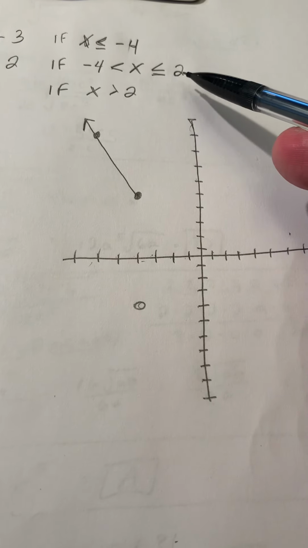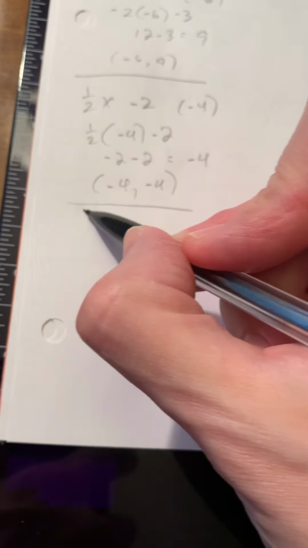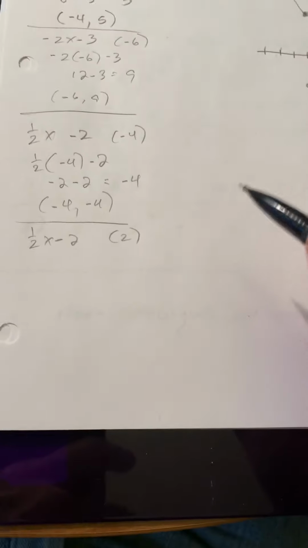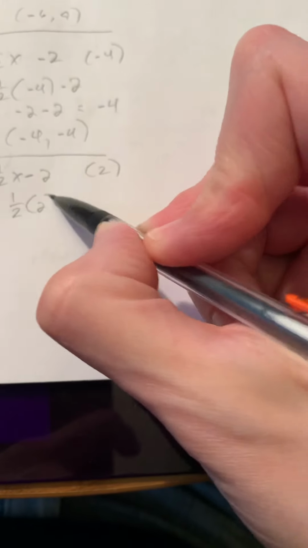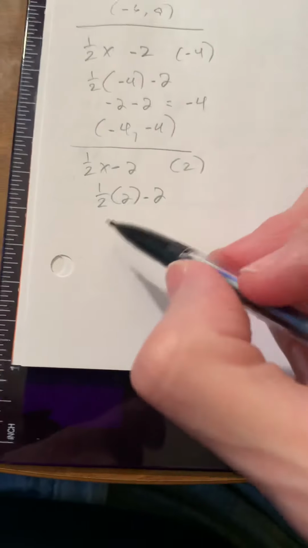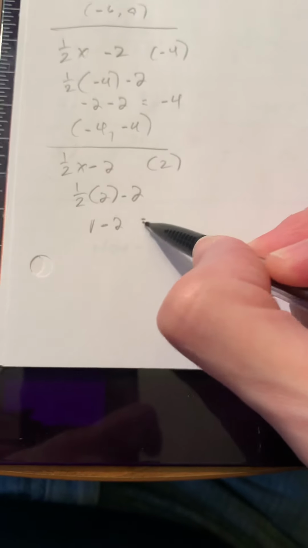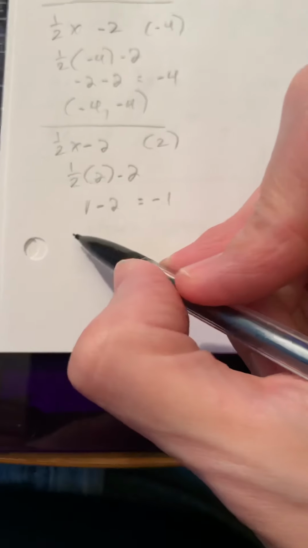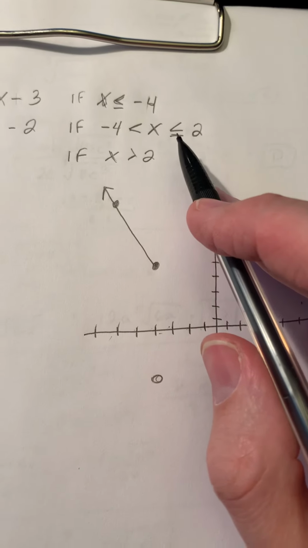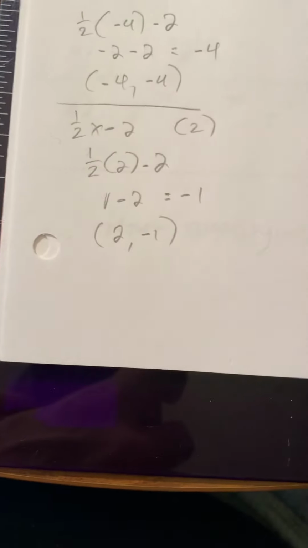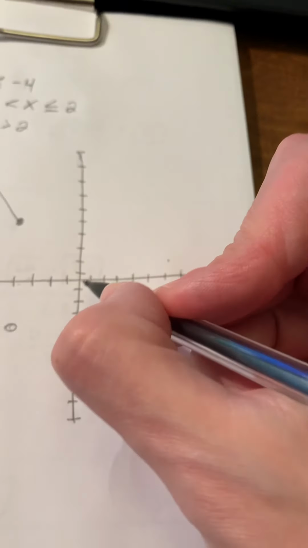Well, it goes up until x is 2, so let's do it again. 1 half x minus 2, and let's use the input of 2, since that is the end of where that segment will go. 1 half times 2 minus 2. That's 1 minus 2, which is negative 1. So when x is 2, y is negative 1. It's going to be a closed dot because it says or equals. So at 2, negative 1, I'm going to put a closed dot.